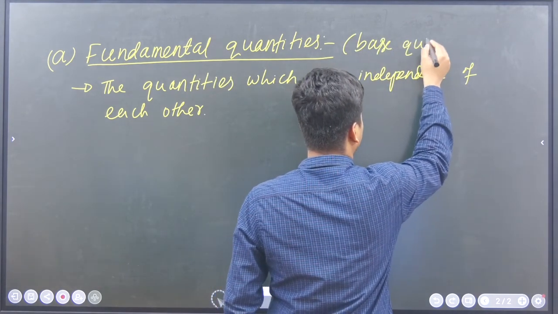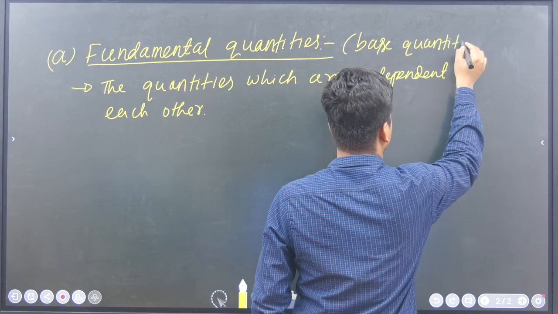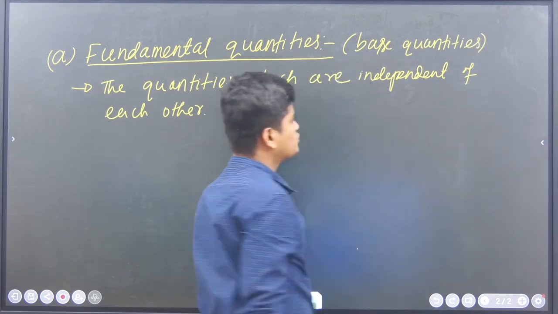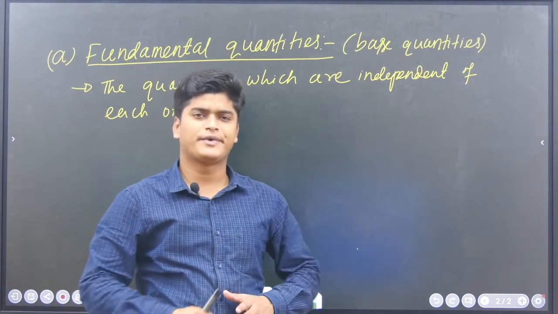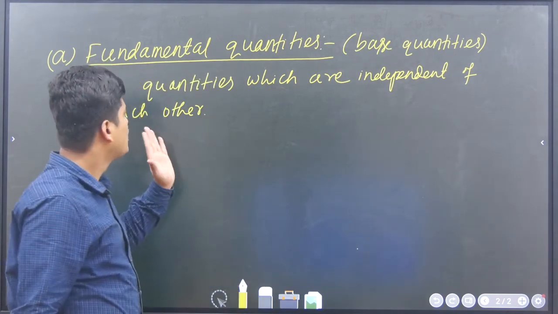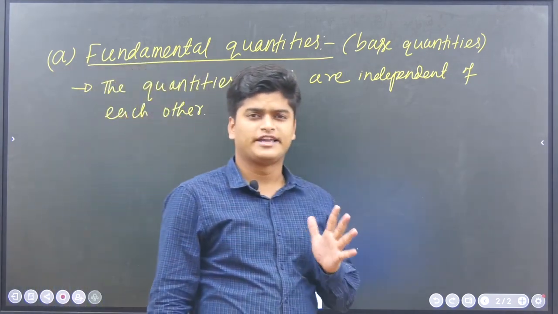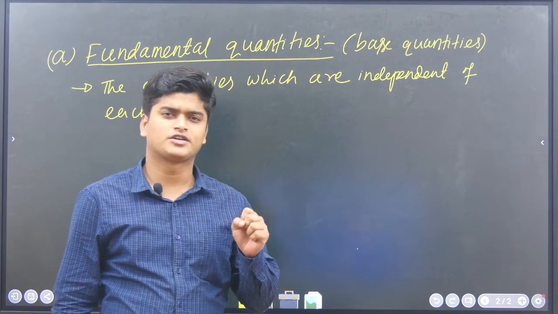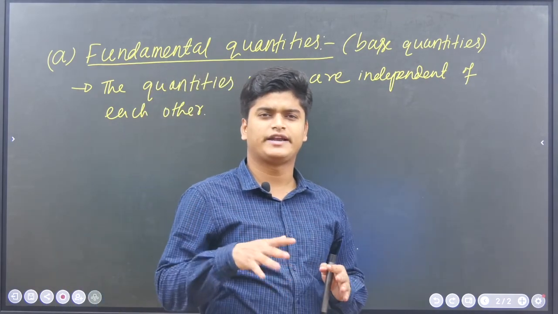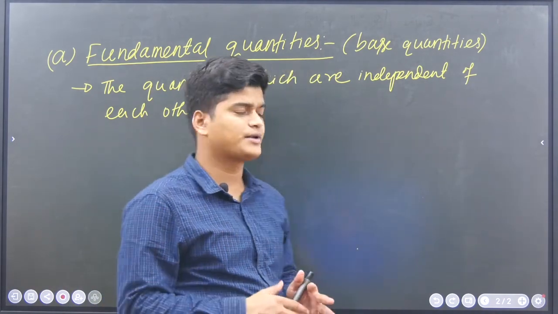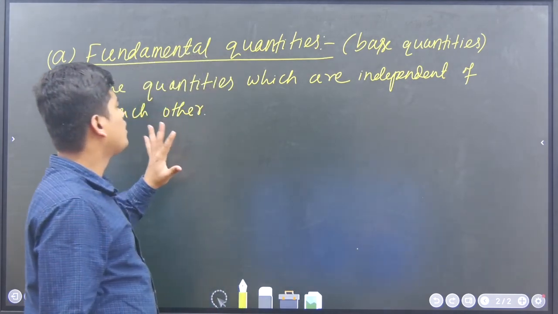By taking these quantities we will explain some other quantities, so you can also call them base quantities. In SI units we will see there are 7 base quantities, and we will discuss that. You can understand it like the English alphabet: if you understand the 26 letters, from them you can form words and sentences. Similarly, these are the fundamental quantities.